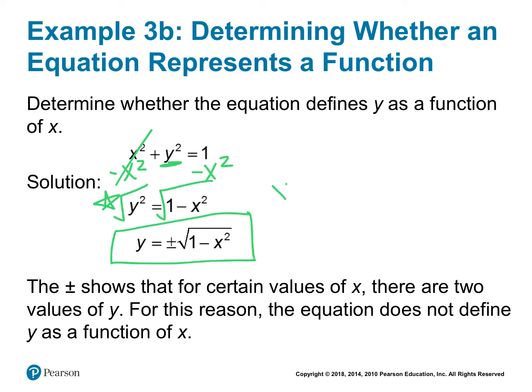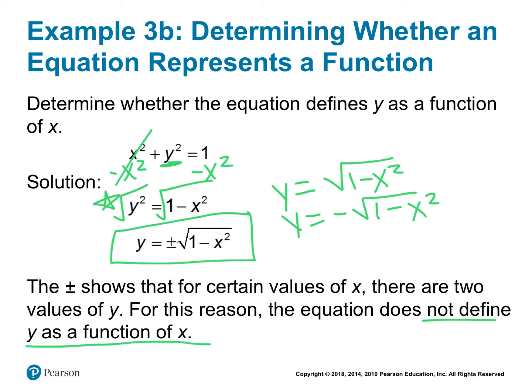So this is saying y could equal a positive square root of 1 minus x squared, or y could equal a negative square root of 1 minus x squared. So this is not a function, so it's not defined as a function because there are two different values that could work for the y.